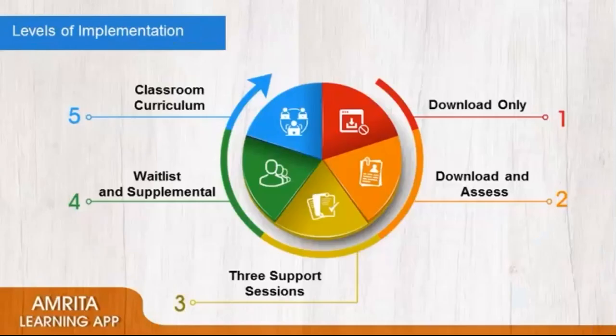There are different levels of implementation that can occur by different literacy providers, and we're hoping that with these free apps people can expand their level of implementation of literacy in their communities. Level 1 is download only, and hopefully, again, that would be supported, but if not, at least you're still scattering the seeds there.